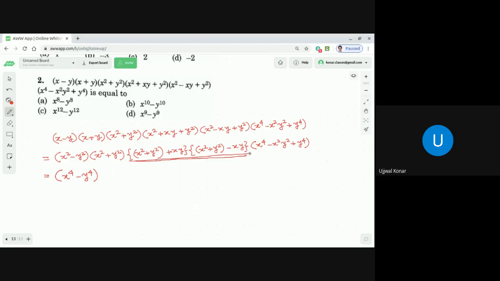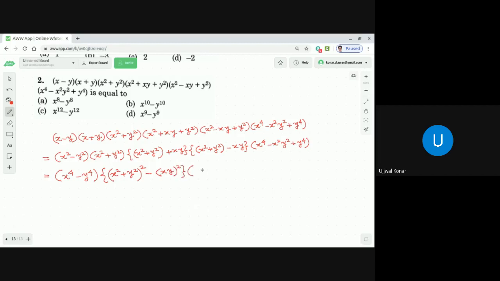This you can club together using the same formula, a plus b into a minus b. If we club together, we are going to get x square plus y square whole square minus xy whole square.